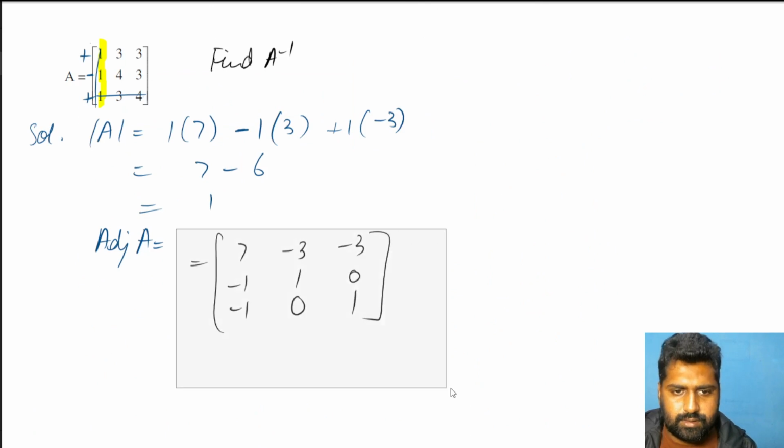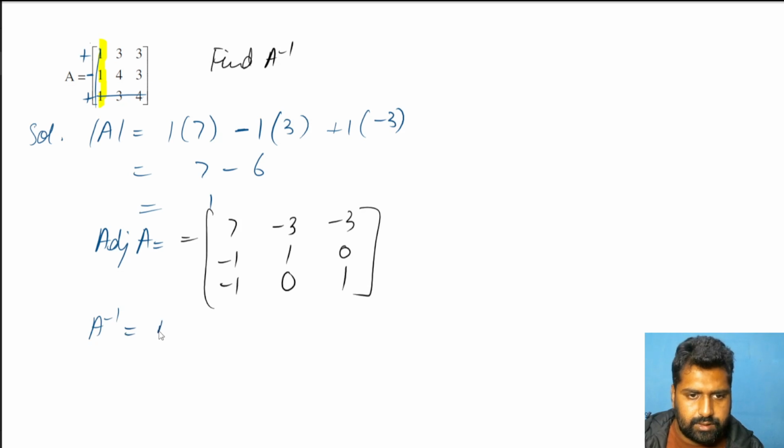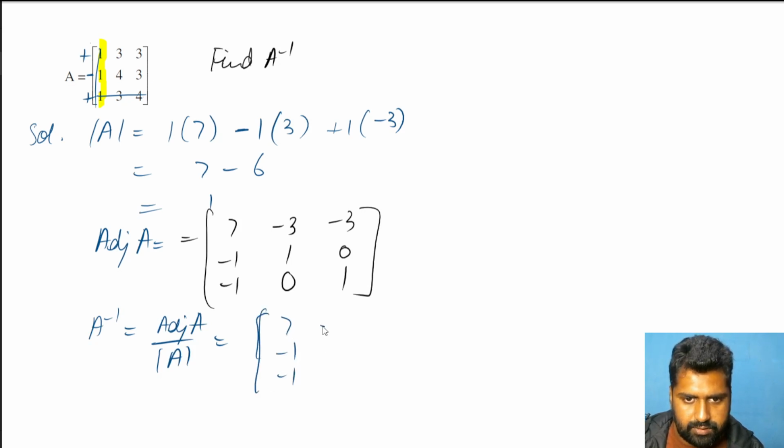Adjoint is this. Finally A inverse is adjoint A upon determinant of A, which is 1. So basically your adjoint itself is the inverse of the matrix: 7, minus 1, minus 1, minus 3, 1, 0, minus 3, 0, 1.